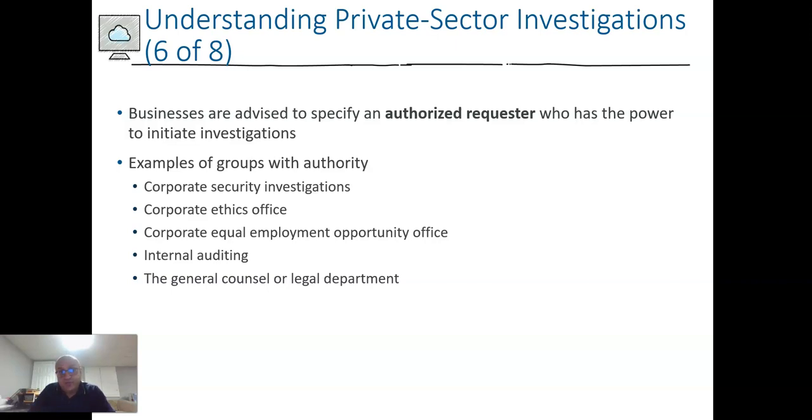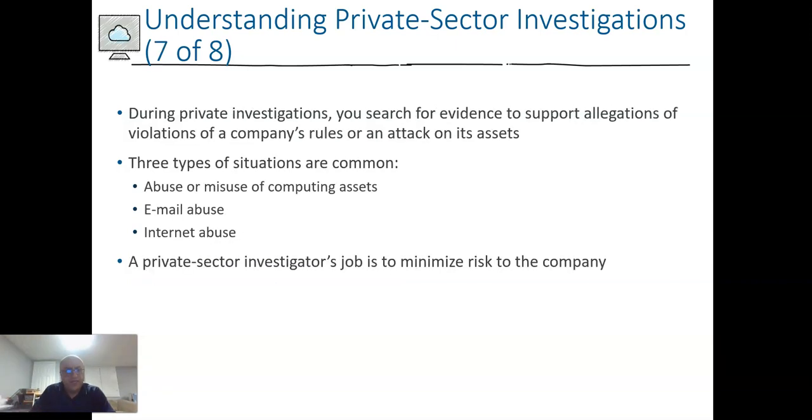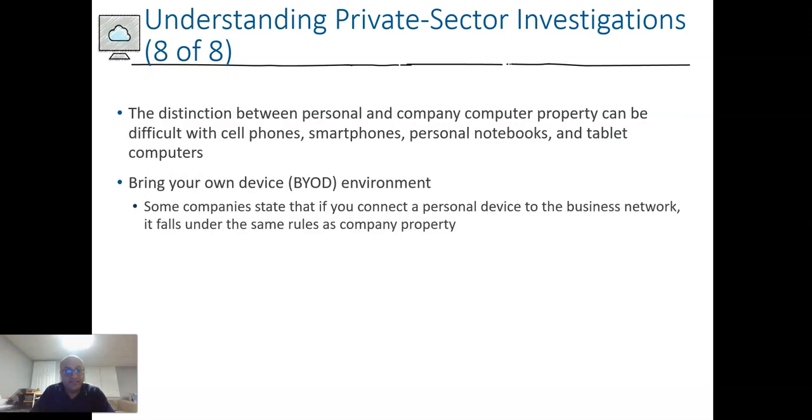Businesses are advised to specify an authorized requester who has the power to initiate investigations. Again, who can do that? It could be corporate security investigators, the ethics office, whatever, based on the policy of the company. During a private investigation, you search for evidence supporting allegations of violations of company rules, such as abuse or misuse of computer assets like internet resources, email, stuff like that.